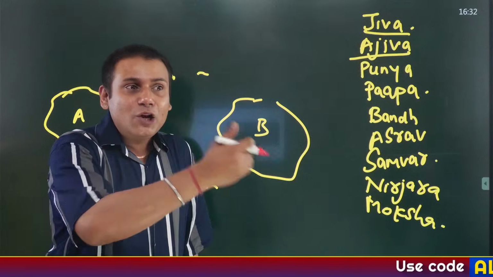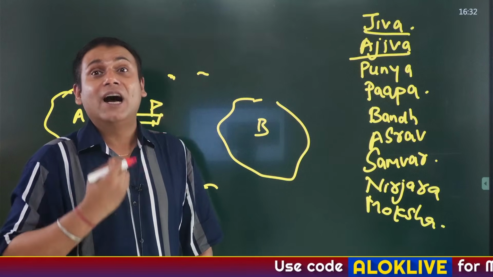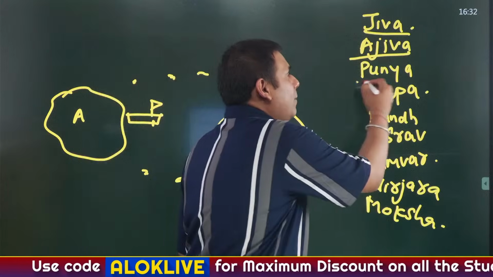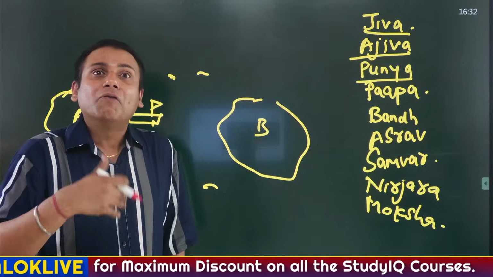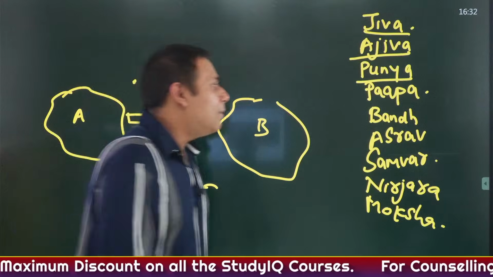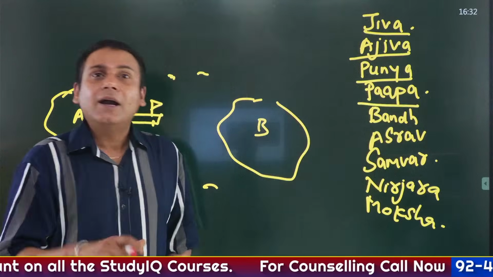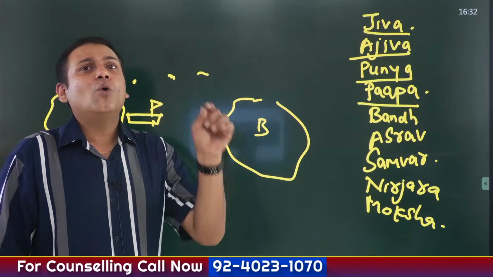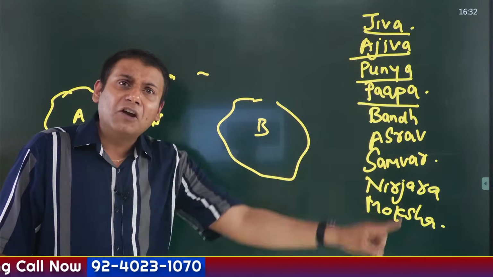But there is a continuous interaction between the Jeev and Ajeev. Then comes Punya. Punya basically means performance of good karmas. Paap means performance of bad karmas. And due to the performance of these karmas, the soul is bound within the continuous cycle of birth and death.